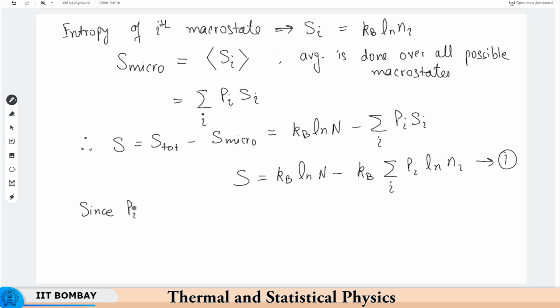Also, since the quantity Pi is equal to ni divided by n, this is the probability. This implies log Pi equals log ni minus log n.